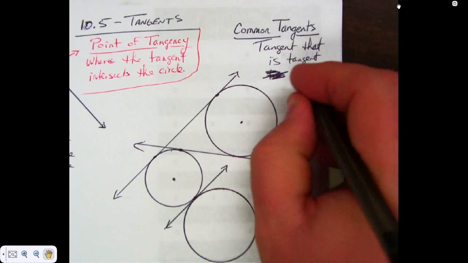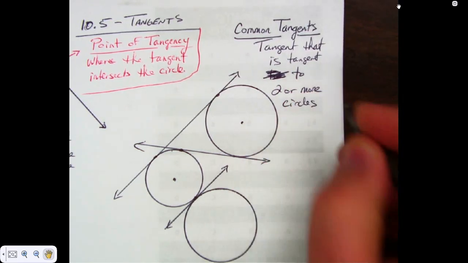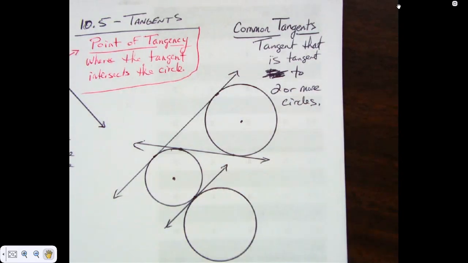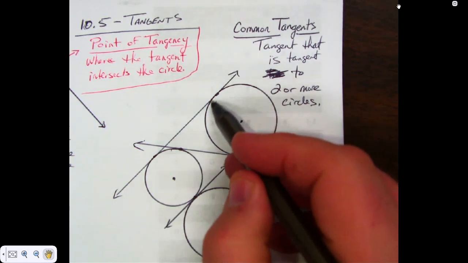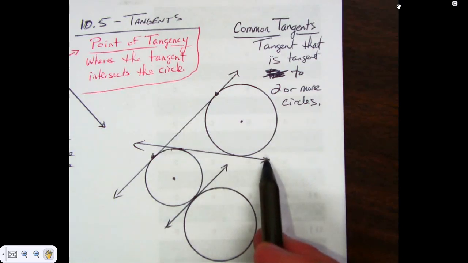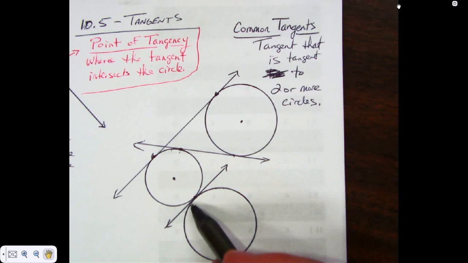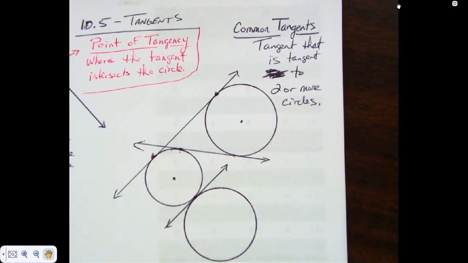A tangent that is tangent to two or more circles. This one is a common tangent because it's tangent there and right there. You can have common tangents like this. This is tangent here and tangent on this circle there. You can have one like this, where they just perfectly meet right there. A line and the circles intersect right there. I'm sure there's other ways you could draw it. You could have one that intersects three circles, but it's called a common tangent when that happens.